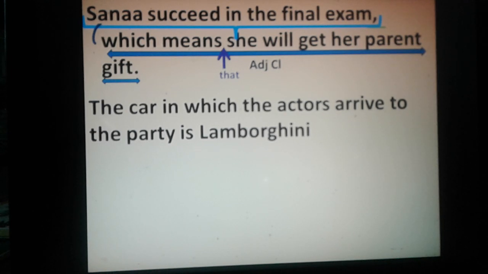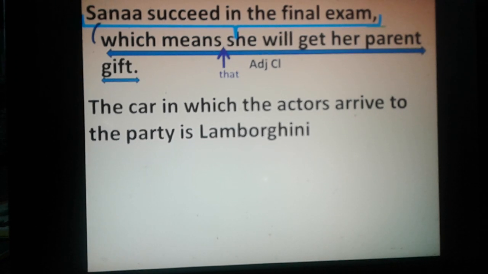The car in which the actors arrive to the party is a Lamborghini. Some people put a preposition at the end of the adjective clause, but most grammarians don't accept that. So you should use it before an adjective clause. It's also to avoid any mistakes.